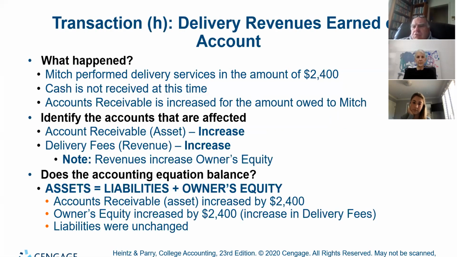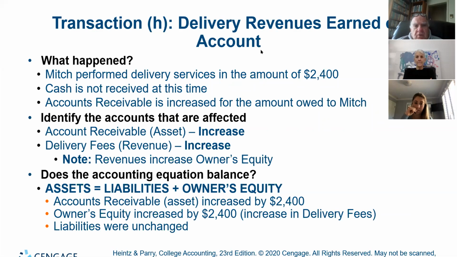Uh-oh, here's those two words again. On account, nobody had money, no cash. As soon as you see on account, you know there's no cash involved. You also know that you're very likely going to hit either accounts receivable or accounts payable.